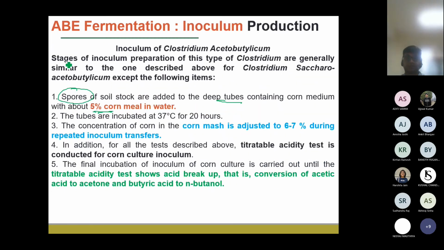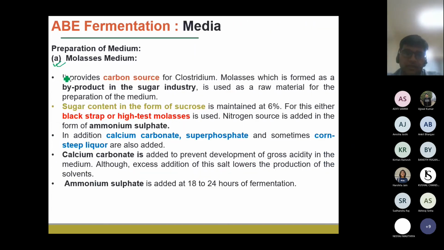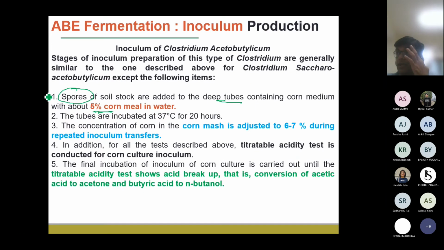Both have their own requirements, and we will look into this in the next slides; they require other cofactors and other nitrogen sources for the fermentation process. But generally we go with 5% corn meal in water.